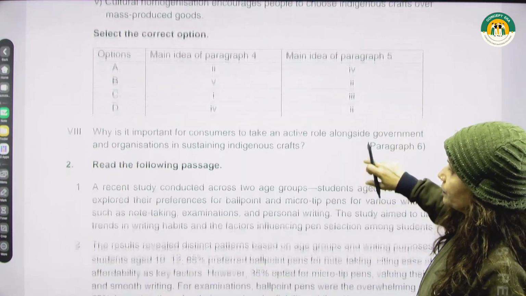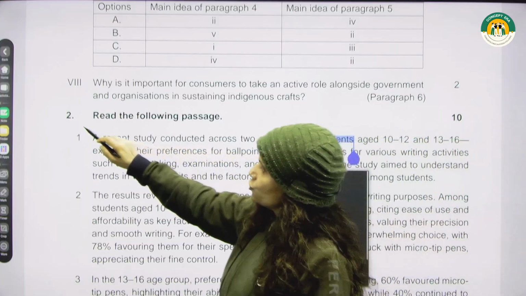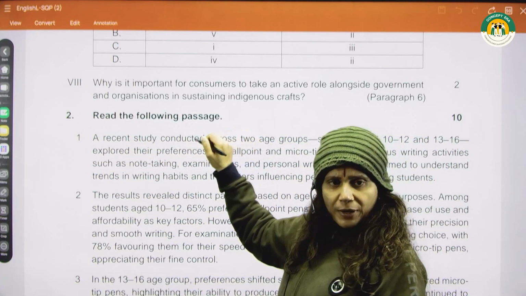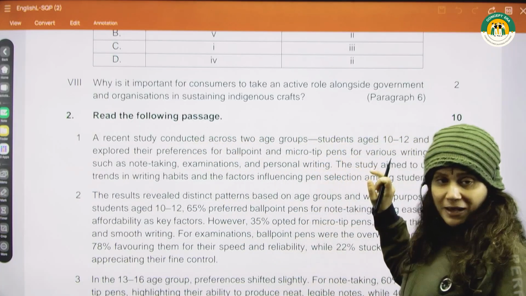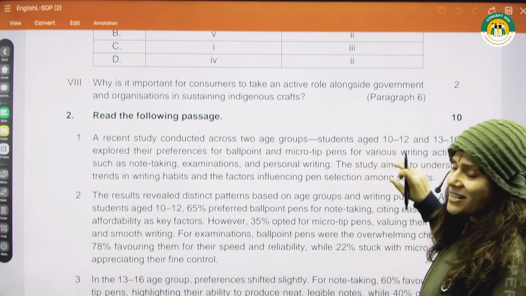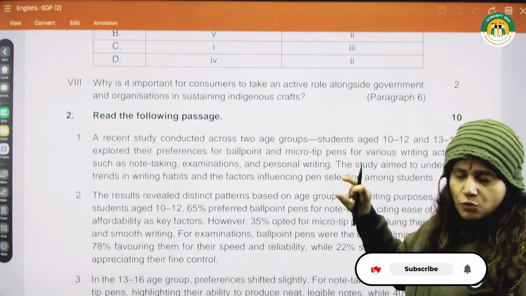Now, moving ahead, this is question number 2 in the reading section, and again this is a comprehension passage. But this passage is not a descriptive passage. This is a case-based passage where the data is given to you.